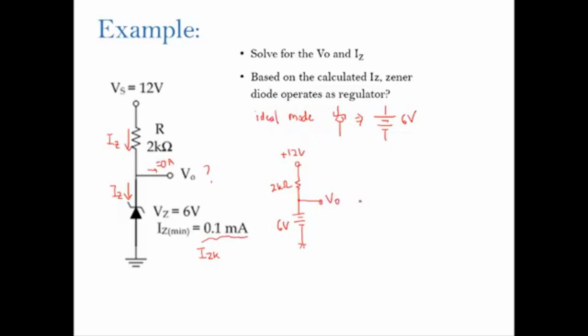So you should have this circuit after you replace the diode with the battery of 6 volt. Now you can get the value of V out. Very simple, V out is equal to 6 volt.